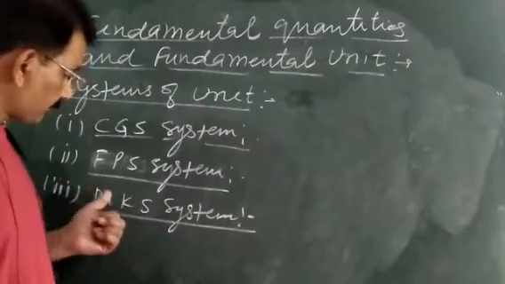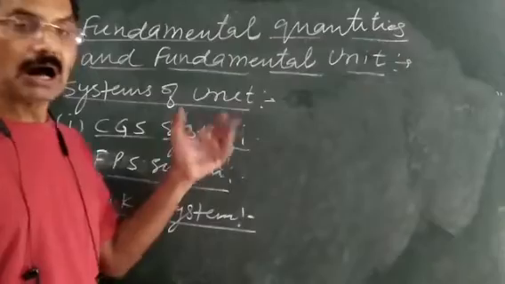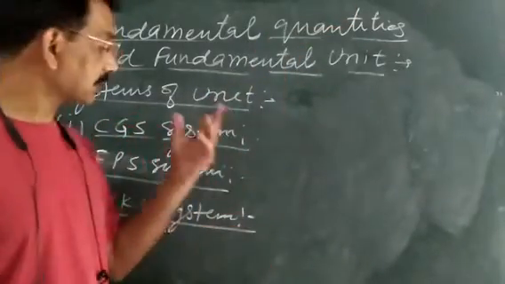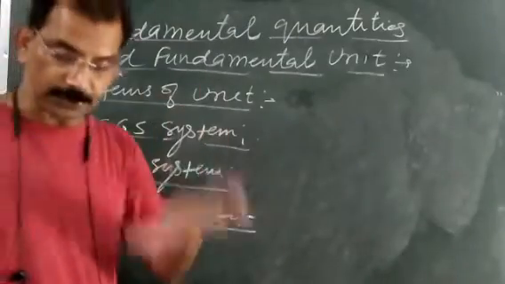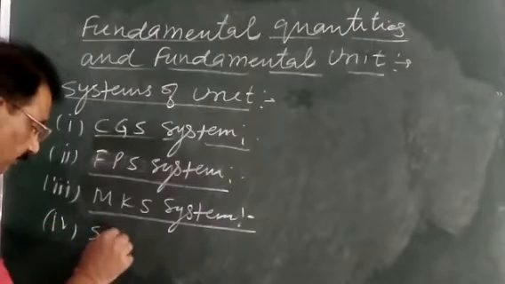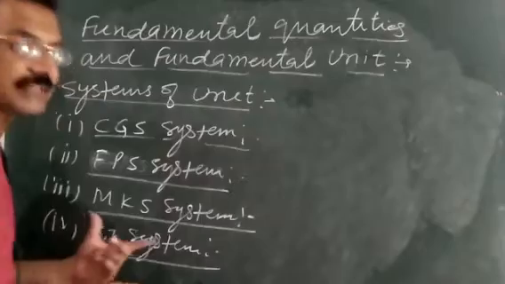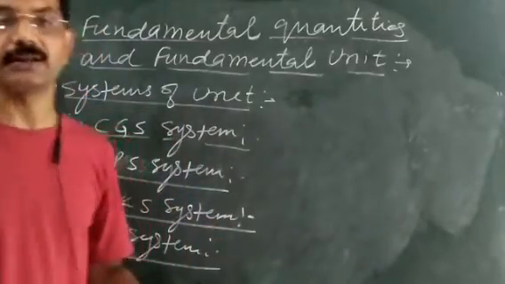So the MKS system, FPS system and CGS system all existed at different times. Earlier we used this one, later this one, and at the present time we are using the SI system.